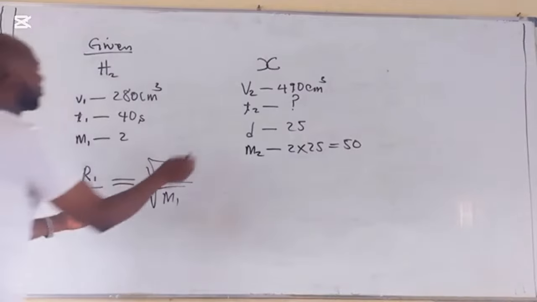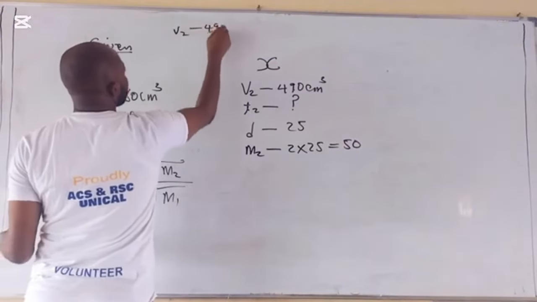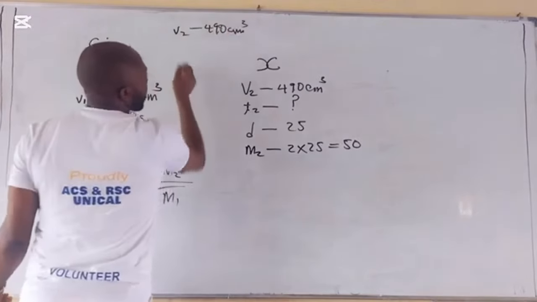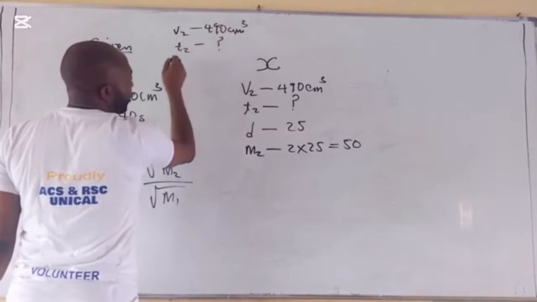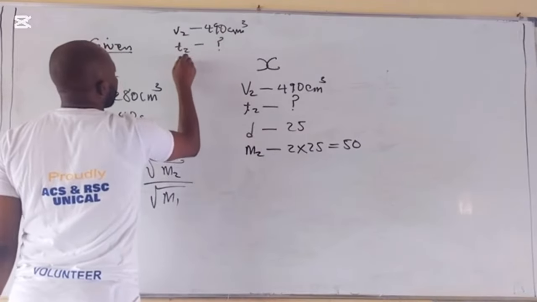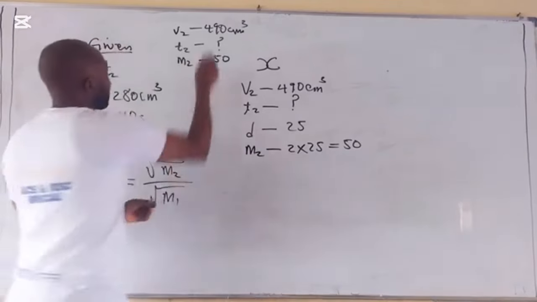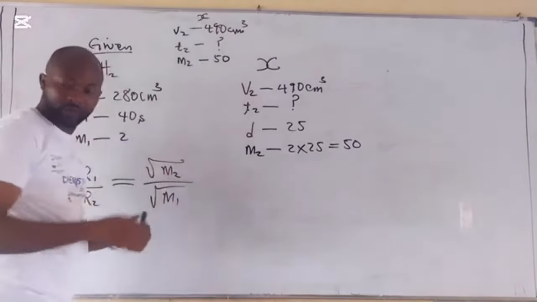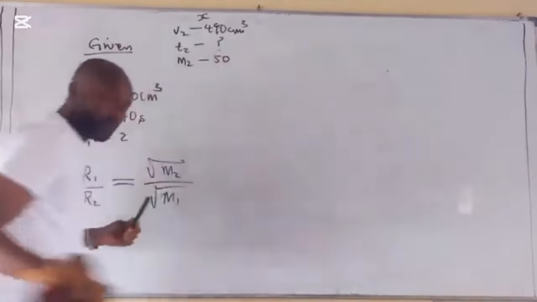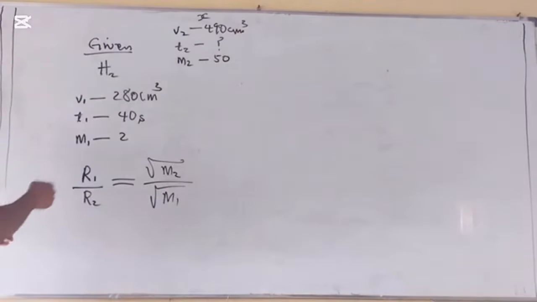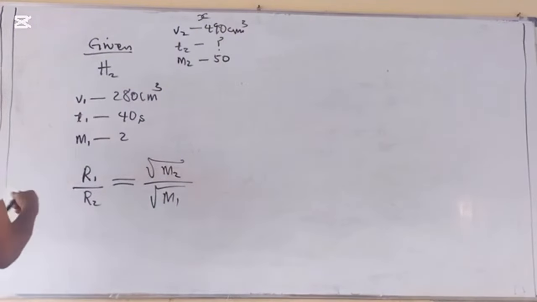V2 is 490 cm cube. T2 is what I'm looking for. M2 is 50. That is for X. Okay, from here, because volume is given and time is also given, I have to use this.